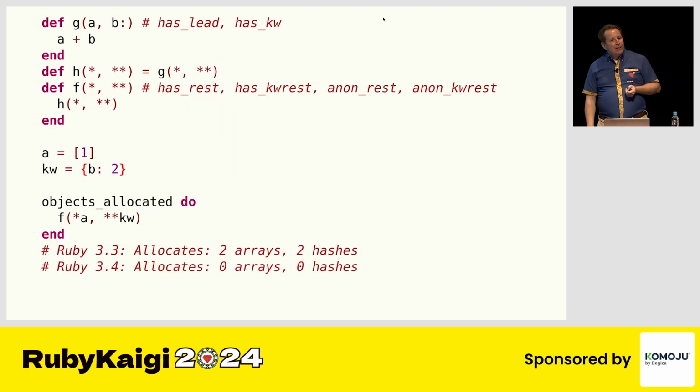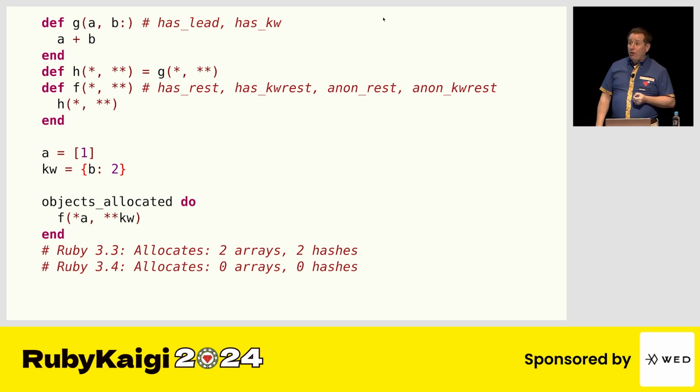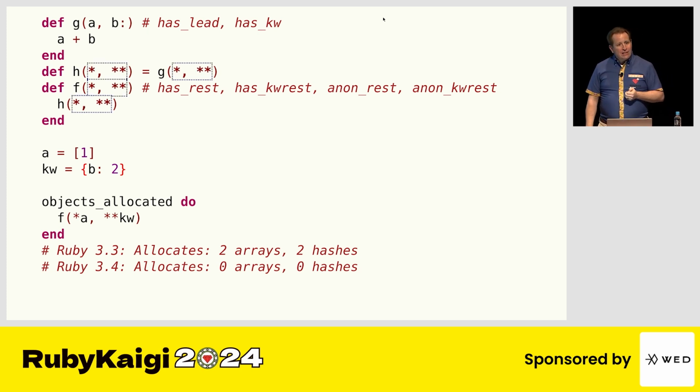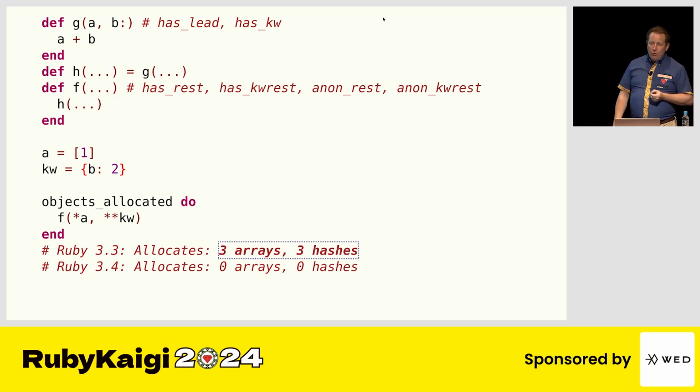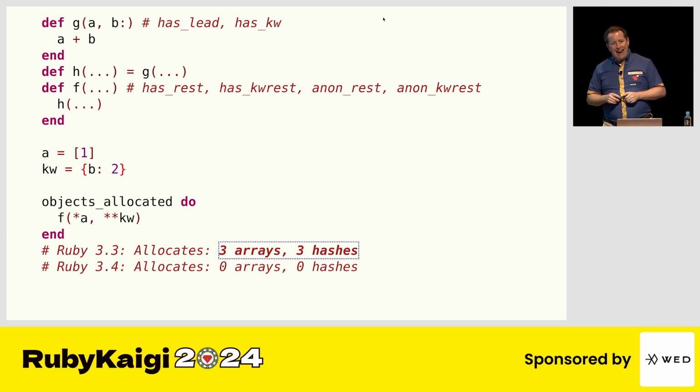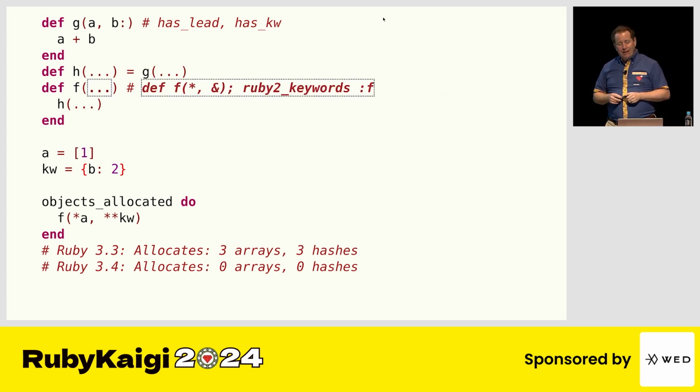The final optimization I will discuss is related to generic argument forwarding. So if you switch these anonymous splats to use generic argument forwarding, Ruby 3.3 would allocate 3 arrays and 3 hashes. And the reason this uses more arrays and hashes in Ruby 3.3 is that generic argument forwarding is implemented via Ruby 2 keywords, which is not as well optimized as separate positional and keyword splats after keyword splat separation.